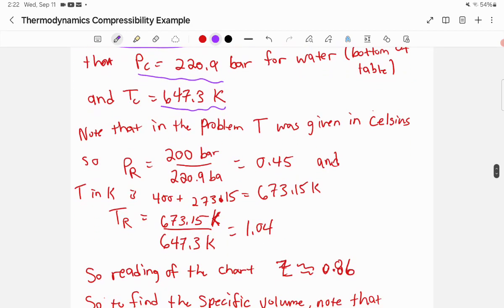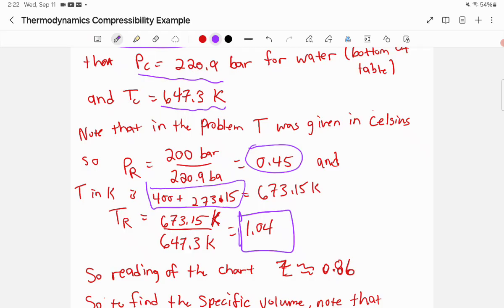Obviously, we just add 273.15 to that, and this is what we get. So when we divide this out, we find that our reduced pressure is 0.45, and our reduced temperature is 1.04.